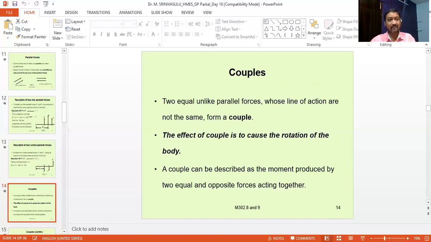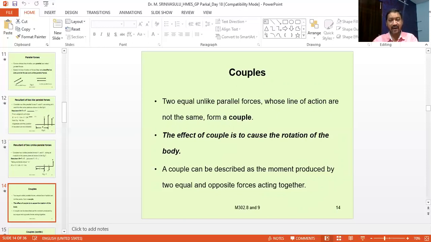In this case also the parallel forces will act. The very important thing is in the case of couples, the forces are parallel forces, but they will act in quite opposite directions. So they are nothing but unlike parallel forces. Whenever you take a couple, two unlike parallel forces will be acting.